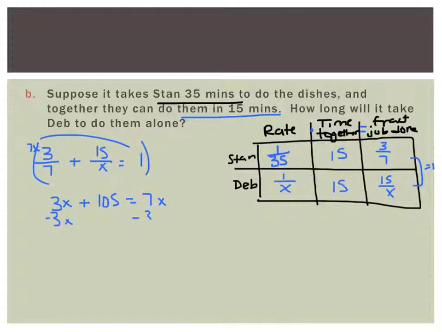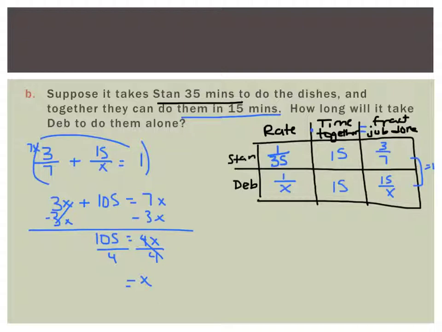So subtracting 3x gives me 4x equals 105. So x equals 105 over 4. And then remember, you want to put this in terms that make sense. I wouldn't say, oh, it takes me 105 over 4 minutes to do something.